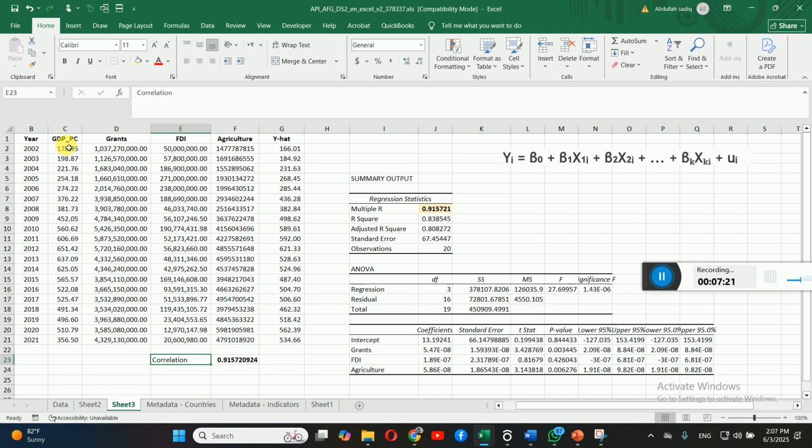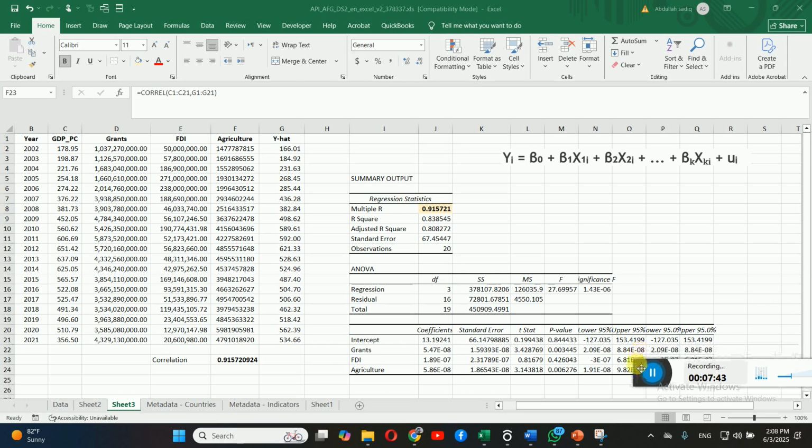If it is closing to -1, we say there is a strong negative correlation. And if it is getting closer to 0, we can say there is no correlation. But this one is closer to +1, so we say there is a positive correlation between GDP and y-hat, which is our predicted value.